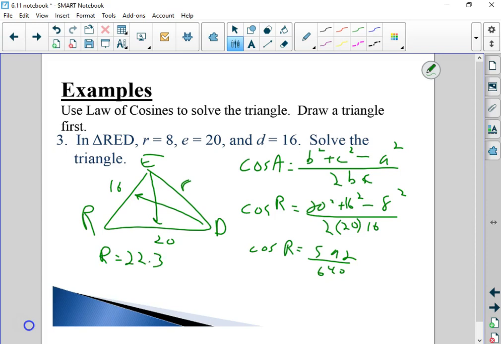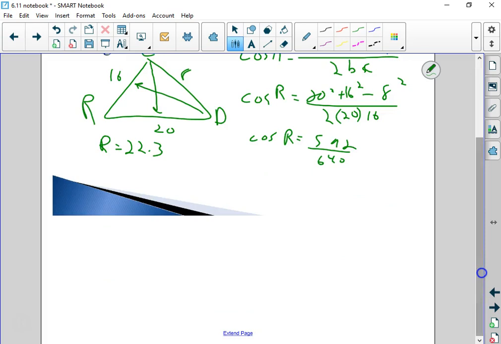Now you pick. You can find D or E, it doesn't matter. So, cosine of D, we'll just do that one. Again, you're going to take the other two sides: 8 squared plus 20 squared minus 16 squared, over 2 times 8 times 20. So 8 squared, hit the wrong key, sorry, plus 20 squared minus 16 squared.